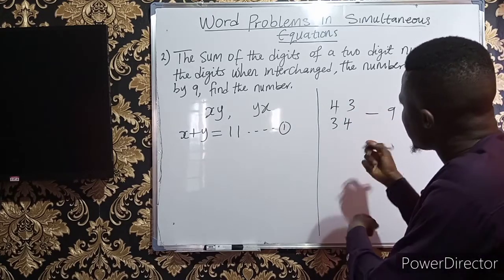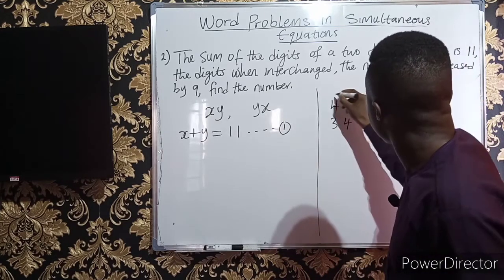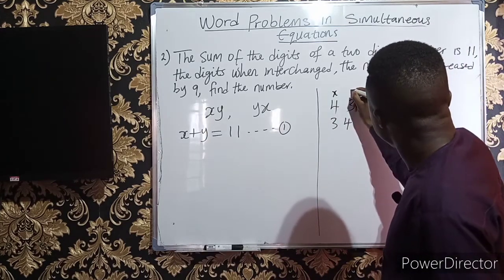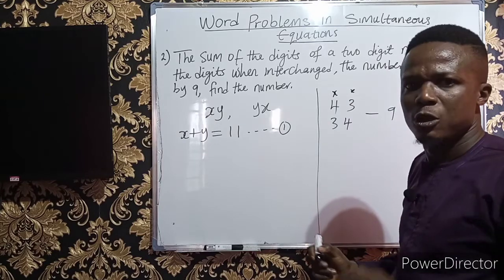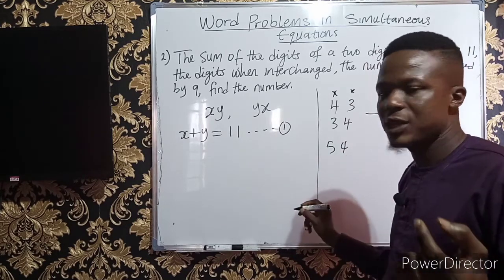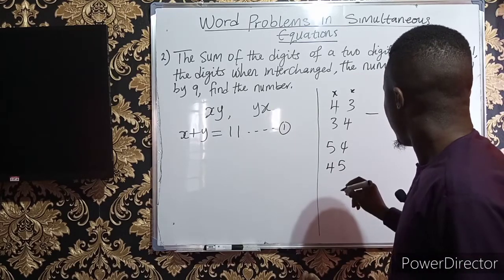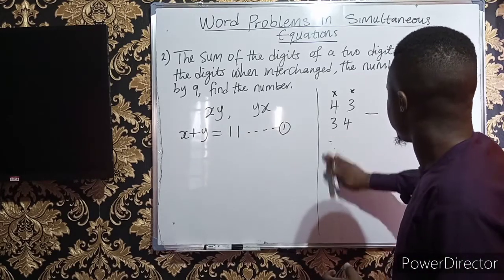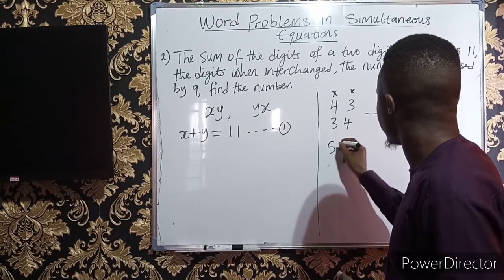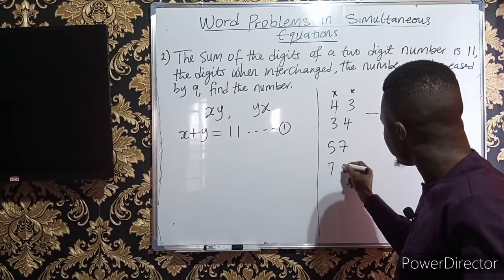So whenever interchanging causes a number to decrease, it entails that the first digit is higher than the second digit. Let's take a number like 57, for instance. If I interchange the digits, I will get 75.